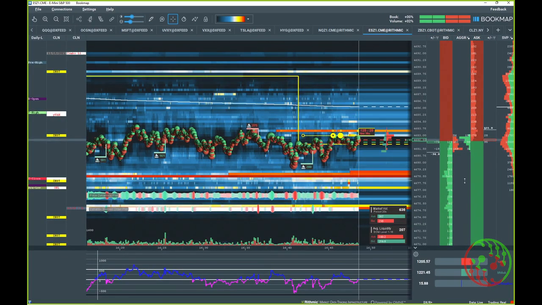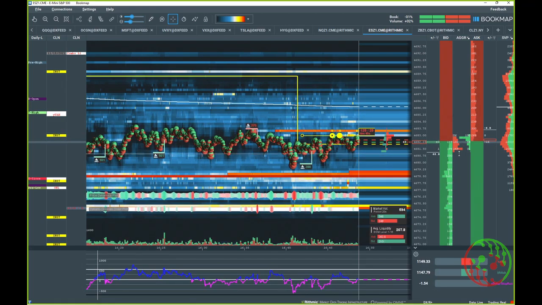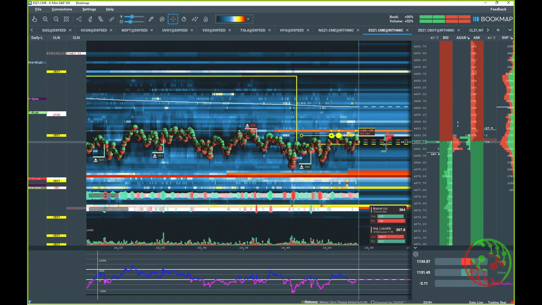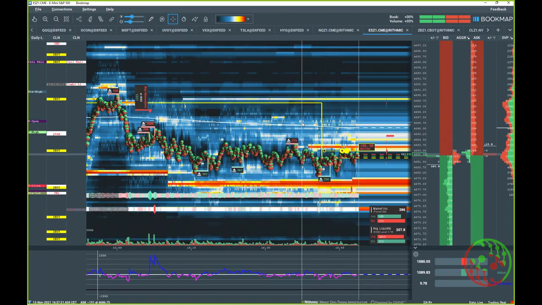So that column represents anybody who hit a market order. Yeah, these are market orders. Yes, we are hitting the bids, we are lifting the offer. These are market orders. Therefore, I would like to encourage you to watch it.